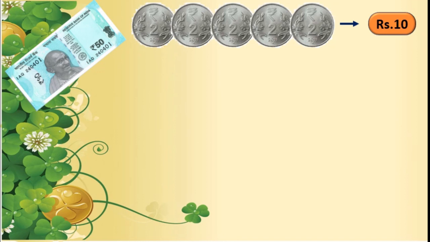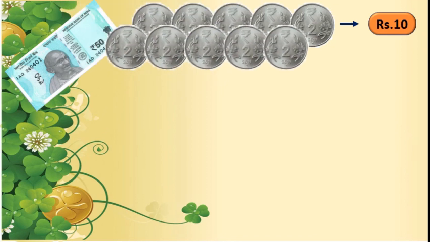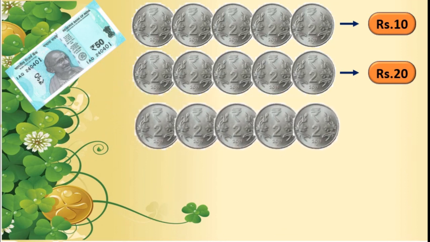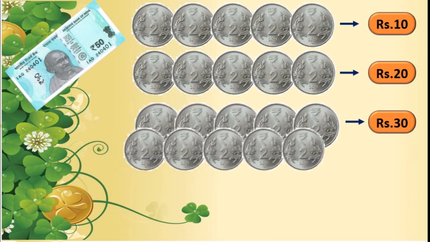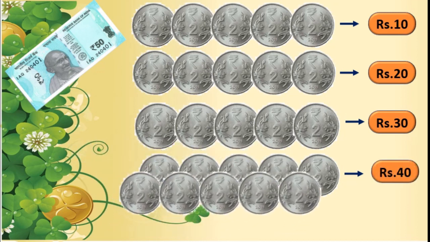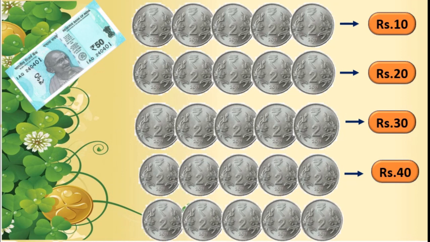Now again I will take 5 coins of 2 rupees. Then it became 20 together, right? 20. Again 5 coins I will join this. Here it became 30 rupees. Again I will add 5 coins. Then it became 40. Correct? Again I need 5 coins of 2 rupees each. Then the total becomes 50.